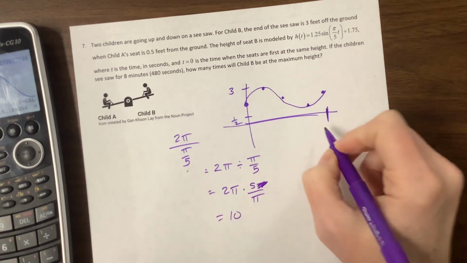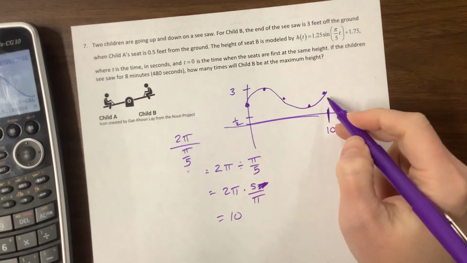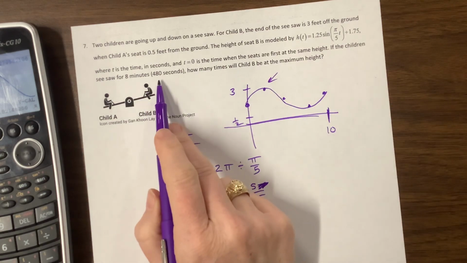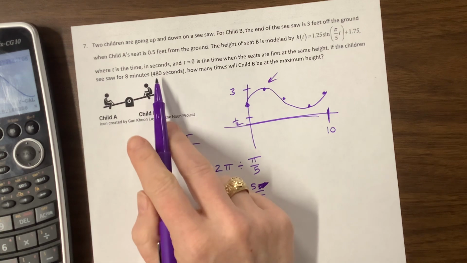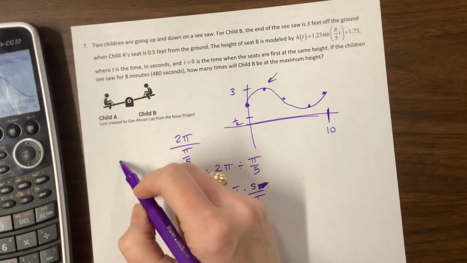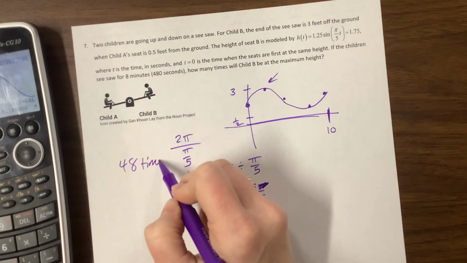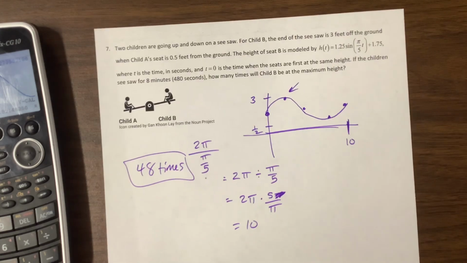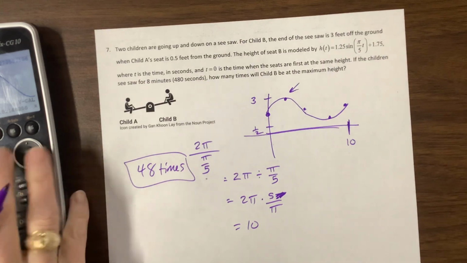This gives me 10. Okay, so in 10 seconds, he's been up once. So if we're looking at 480 seconds, that's going to be 48 periods. So he will be up at a maximum of 48 times. You know, not going to lie, that's a long time to seesaw. More power to him.